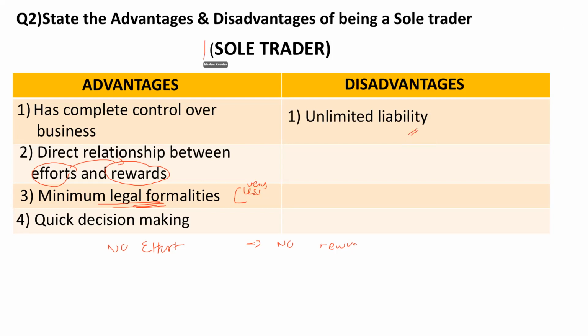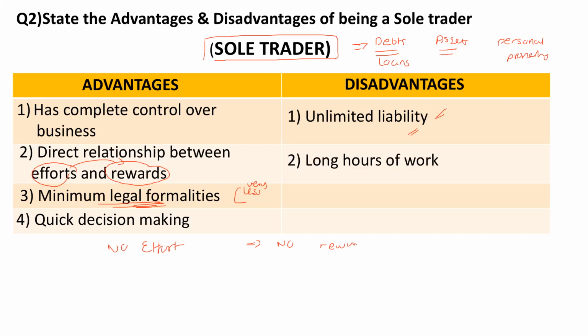Suppose you have to pay off the debts, meaning the loans or credits that you have taken. If the assets of the business are not sufficient, then the personal property of the sole trader could be sold to pay off the debts. That means the liability of the sole trader is unlimited.